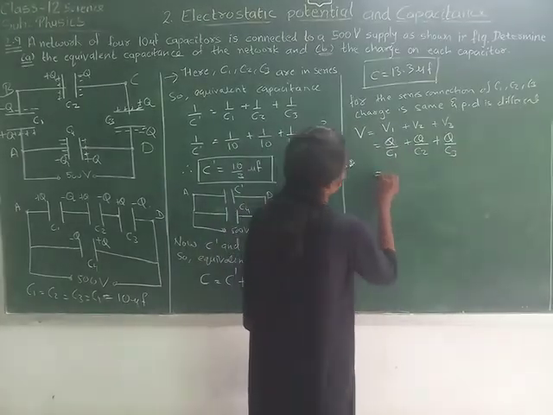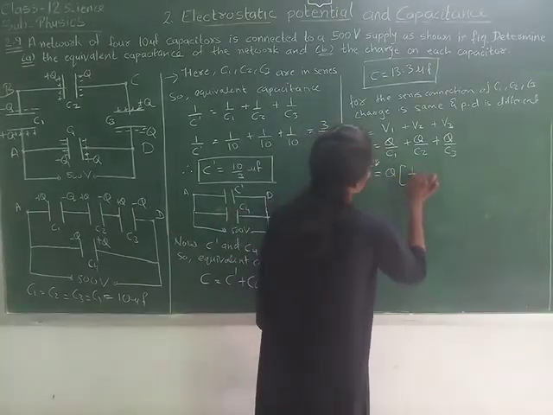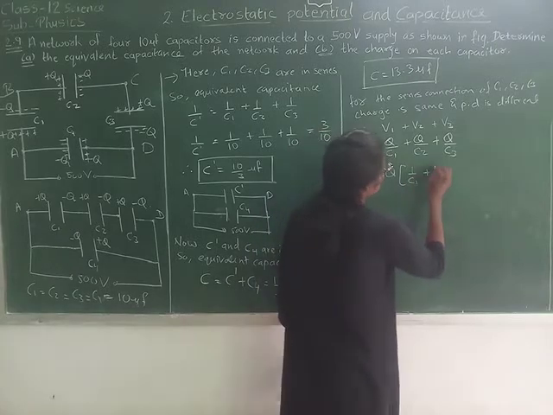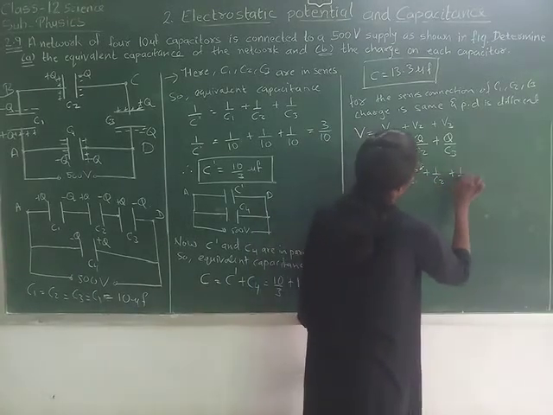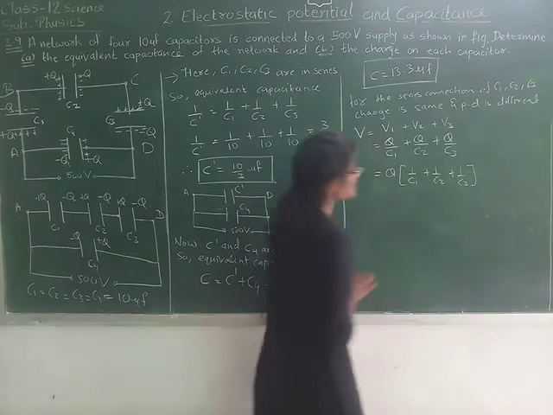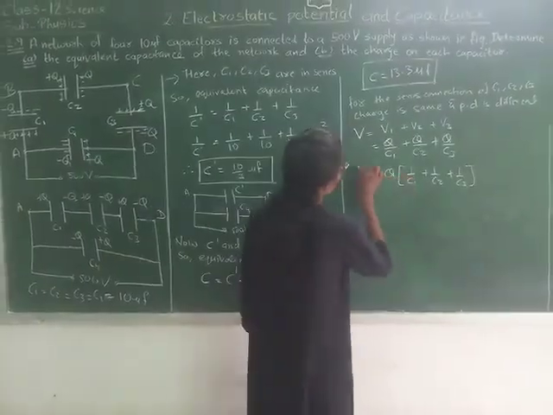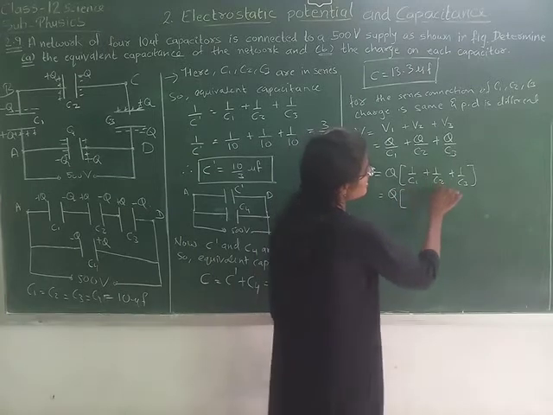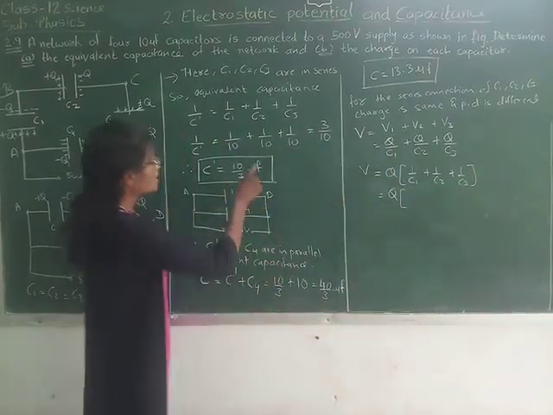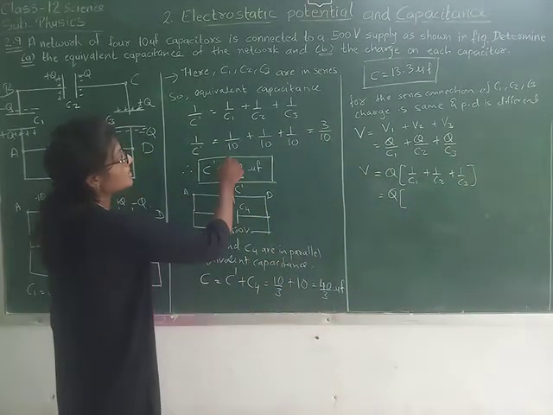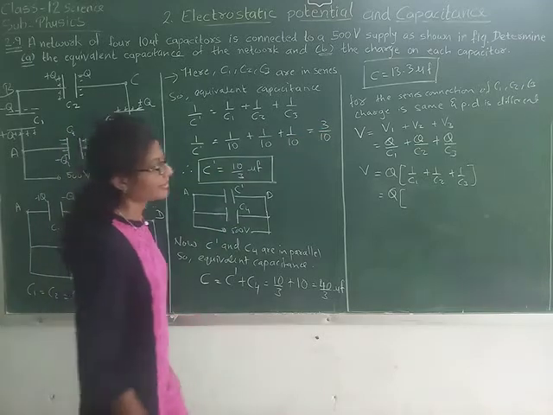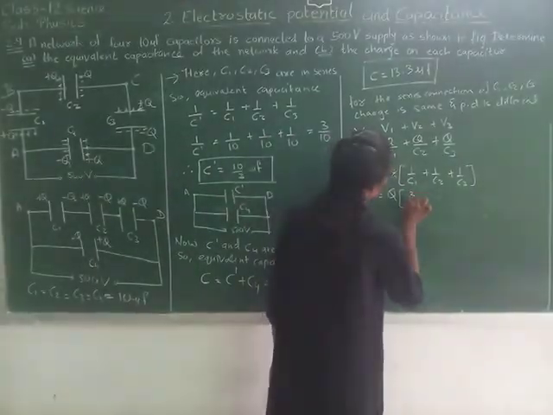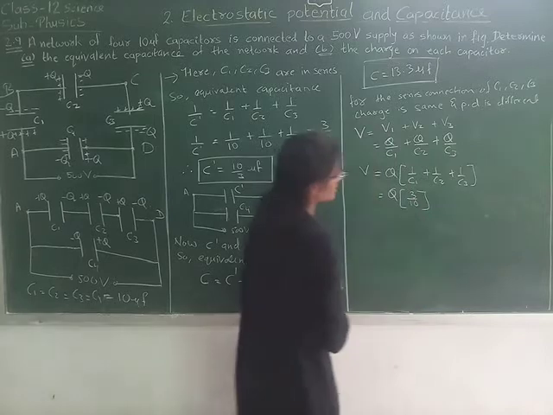Taking Q common, that will be 1 upon C1 plus 1 upon C2 plus 1 upon C3, right? Here 1 upon C1 plus 1 upon C2 plus 1 upon C3 is 3 by 10, right? So 3 by 10 over here.